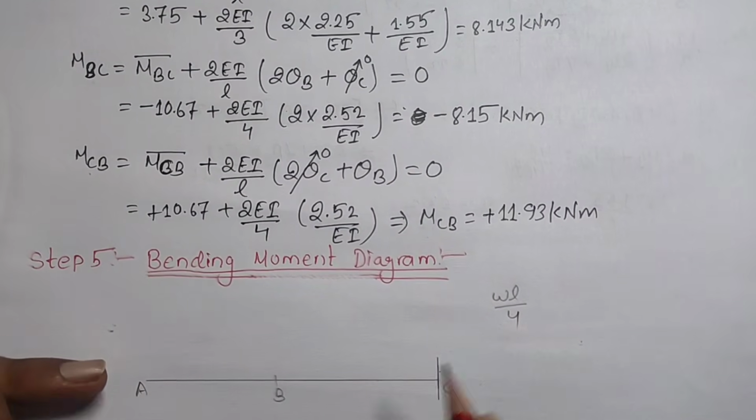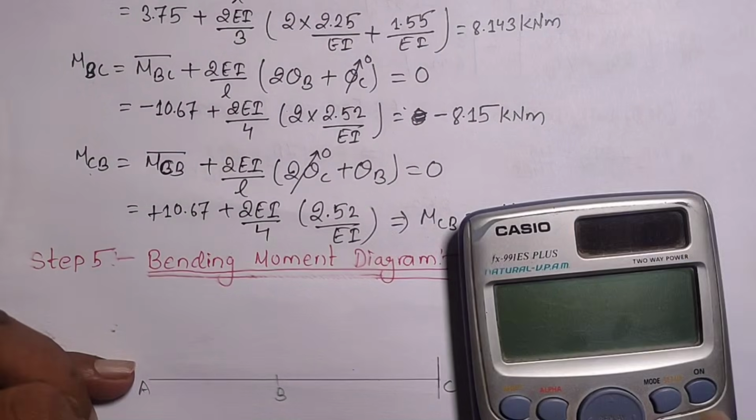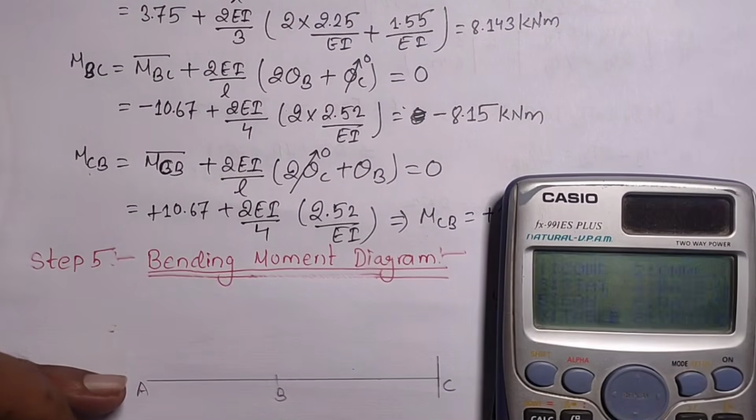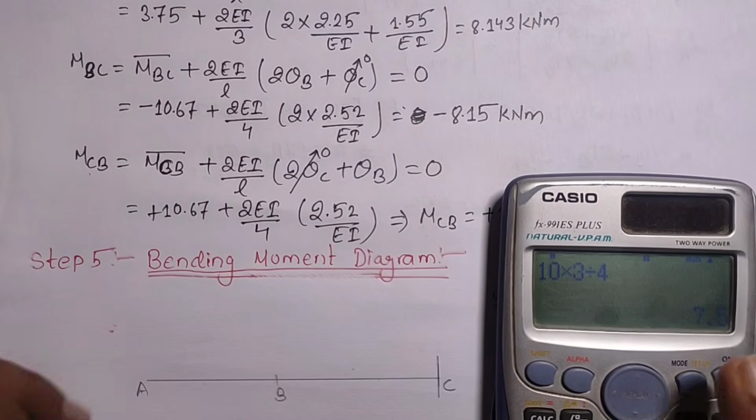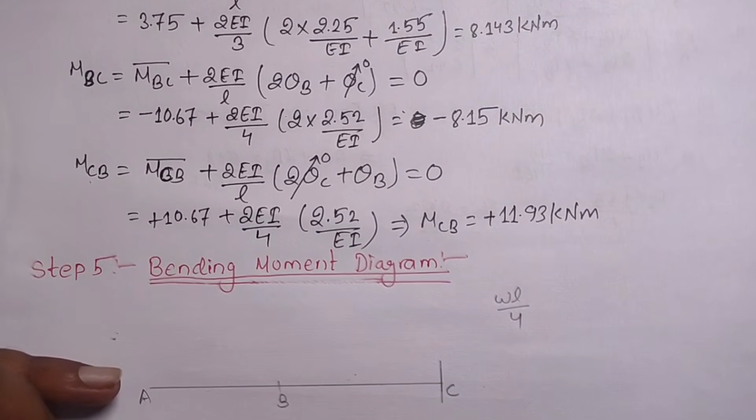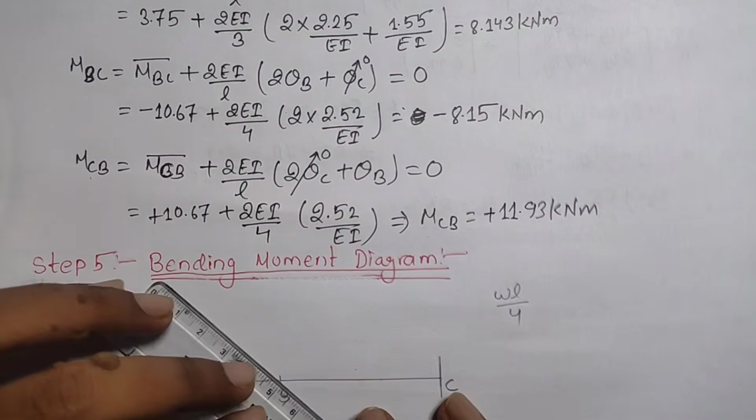So W is 10 into span 3 by 4, and the moment is 7.5 kilonewton meter, and for the point load our bending moment diagram will take the triangular form.